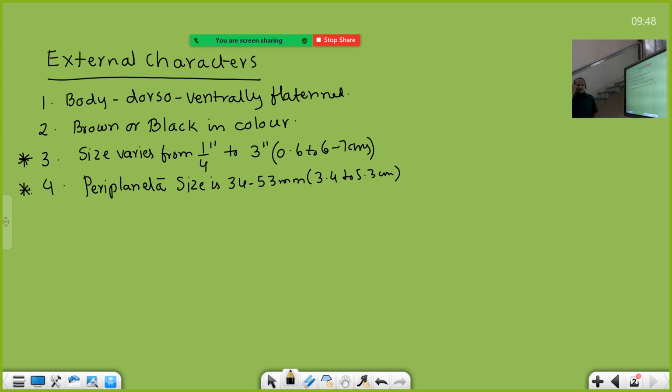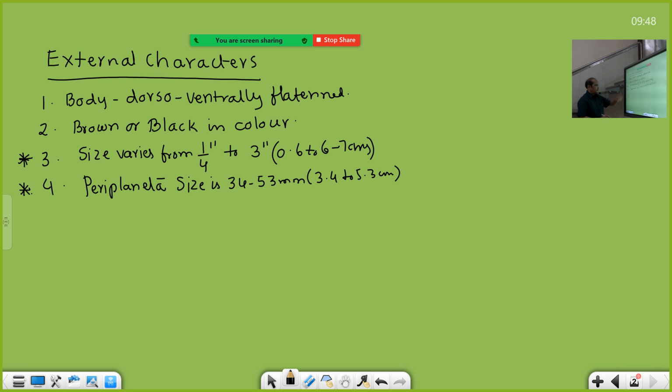So it is medium size. The largest cockroach is there, but this is a medium size. And our Blatta is the smallest cockroach, nearly 1/4 inch, means 0.6 centimeters, maximum 1 centimeter, Blatta orientalis. So that is the size of these two.